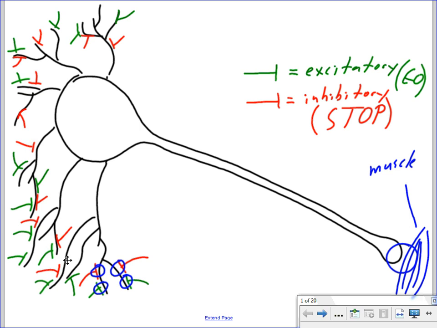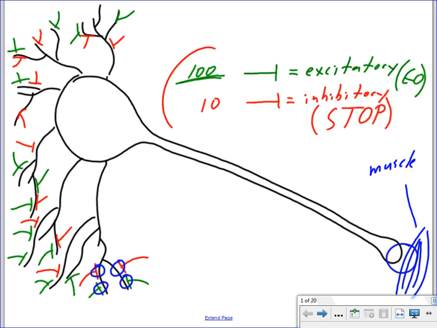In order for this neuron to generate an action potential, though, what we'd then want to have is more of the excitatory ones than the inhibitory ones. So let's say, for example, that there are 100 interneurons that are excitatory and they are opening up sodium channels at the dendrite end of this motor neuron. And let's say that there are 10 of the messages that are inhibitory.